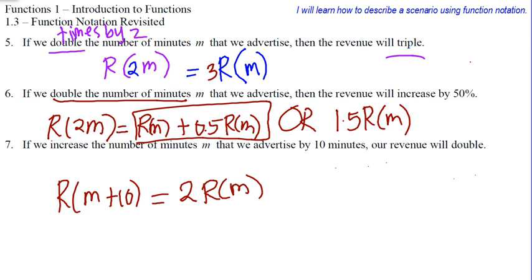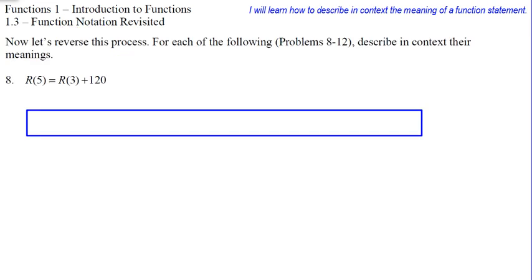Okay? Moving on. If I'm too fast, just pause the video, think about it, and continue. This one is backwards, right? It's a reverse process. Instead of reading the statement and making a notation, we have the notation and we're going to make the statement out of it.